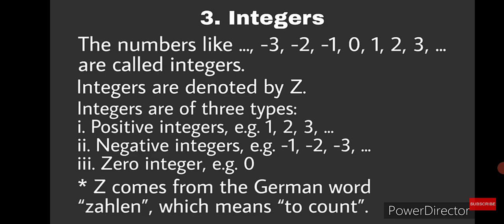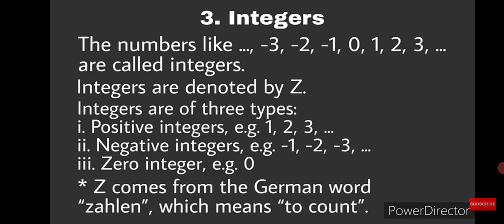Integers are denoted by Z. Integers are of 3 types. Number 1, positive integers, for example 1, 2, 3 and so on. Negative integers, for example -1, -2, -3 and so on. Zero integer, for example 0.